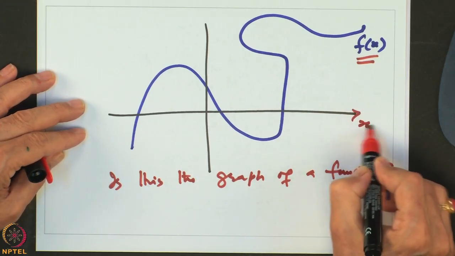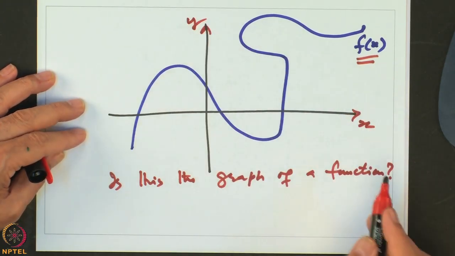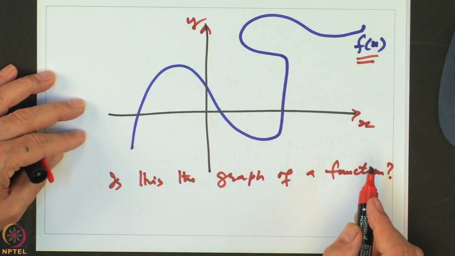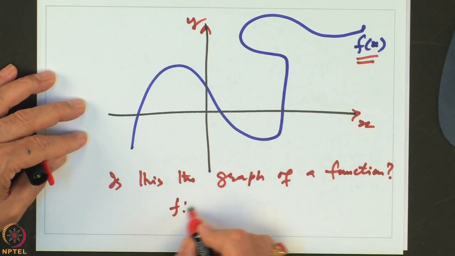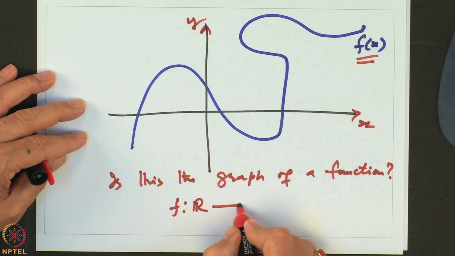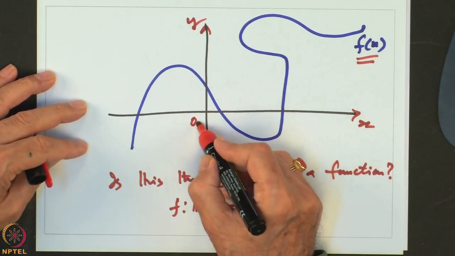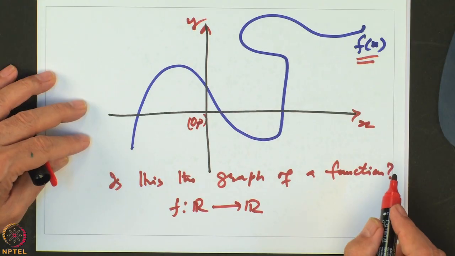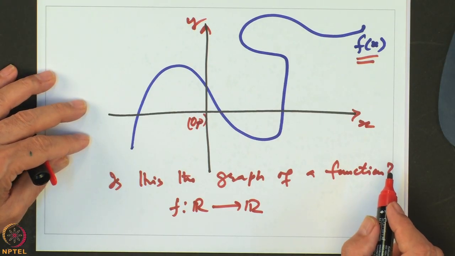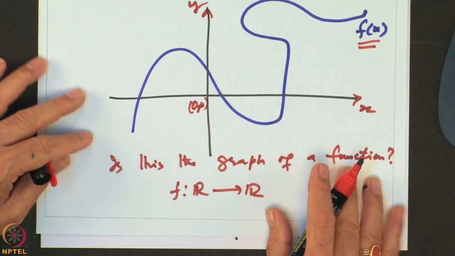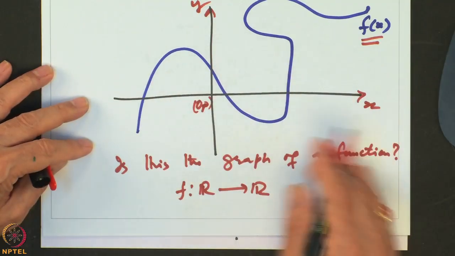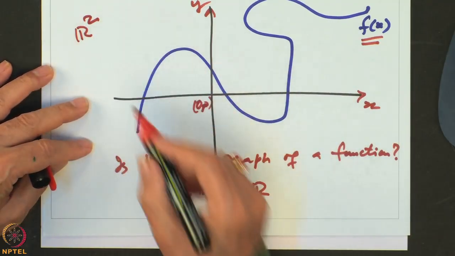This is my x, this is my y. If it is the graph of a function, then it is from R to R, because this is a real line. For a graph, it is a subset of the plane, R 2. So, it is a relation.